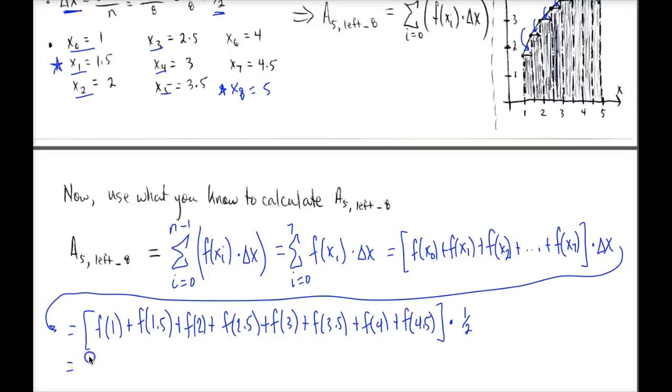All right, let's write this down. When x is 1, y is going to be 1.75. When it is 1.5, it's going to be 2.4375.